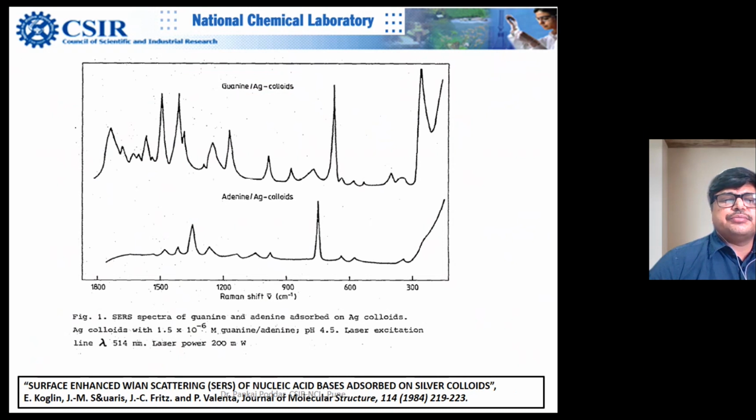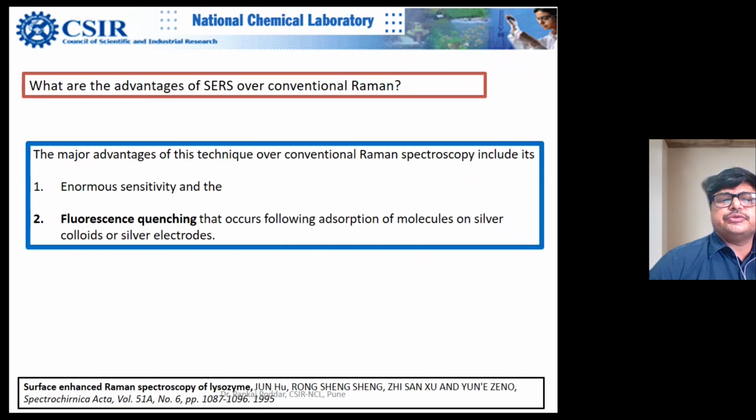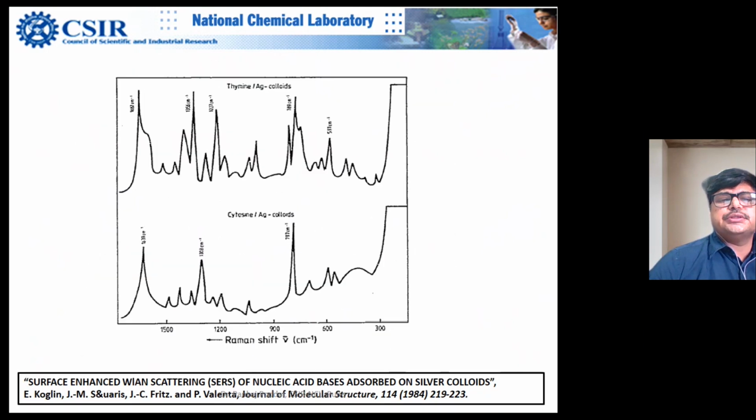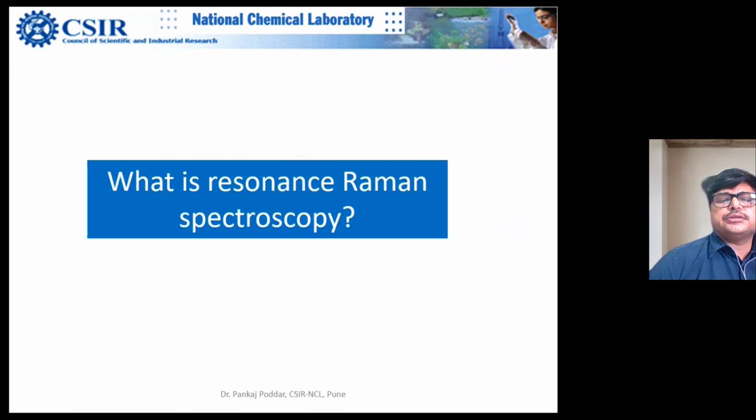There are many advantages. For example, fluorescence quenching will also be there because there are metallic substrates. Here you can see from one old paper that amino acid peaks are given, which is very difficult to measure, on amino acids with silver colloids. You can see thymine, cytosine, and other things.